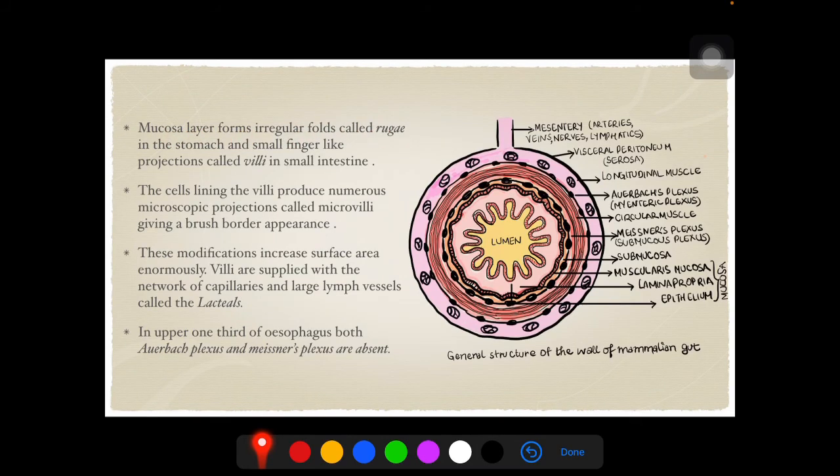The mucosa layer forms irregular folds called rugae in the stomach and small finger-like projections called villi in the small intestine. This is a very important MCQ question: the location of rugae and the location of villi. The location of rugae is the stomach and the location of villi is the intestine.